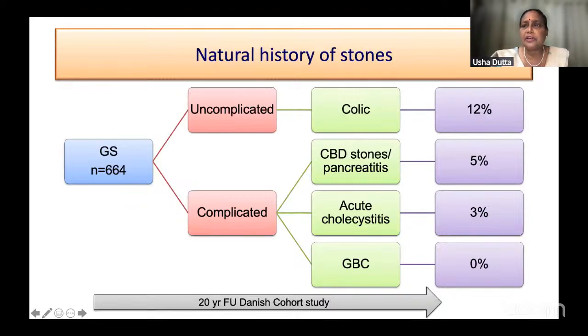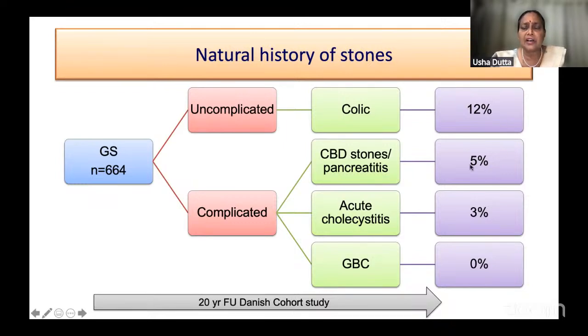And if you see patients who are having gallstones, a large cohort study, the Danish cohort study, 20-year follow-up, you have uncomplicated colic in about 12%, CBD stone pancreatitis in 5%, and these can be very sick. And in India, it occupies a lot of our human resource, our ICU space, our resident time.